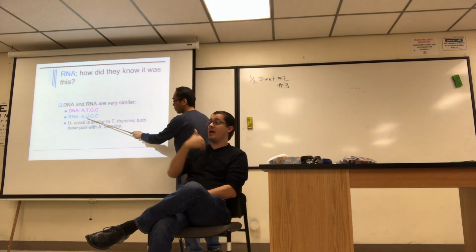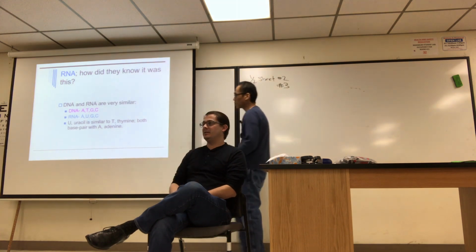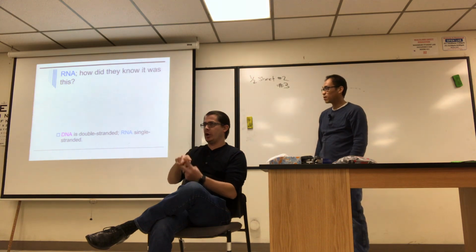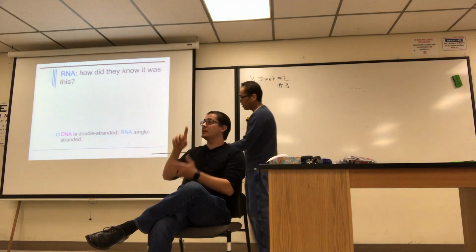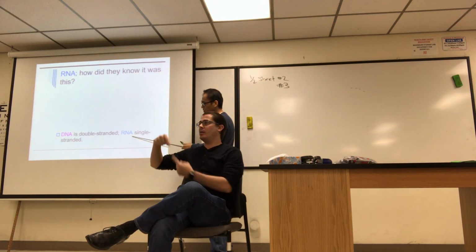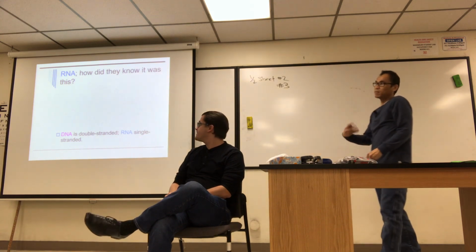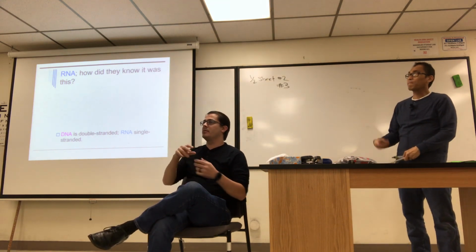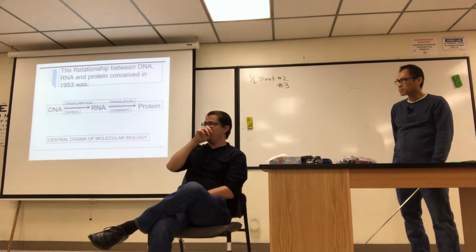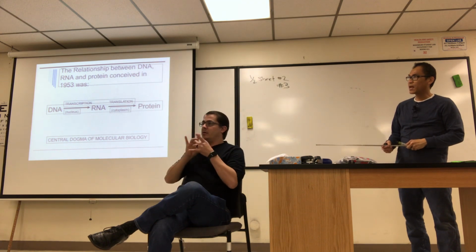RNA has the U, but DNA has the thymine, the T. So they're very similar, and you could just base pair that one substitution. They also noticed that DNA is double-stranded and RNA is simply a single-stranded version of DNA. So this leads them to think, well, DNA probably has something to do with making the proteins. And so this became the relationship between DNA, RNA, and protein.